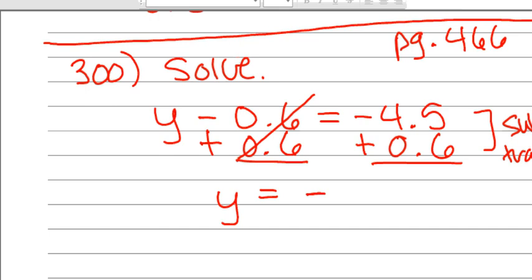Right? So we're going to subtract. So I need to borrow. Cross that out. Make that a 15. Take away 1, make that a 3. So 15 minus 6 is 9, and then 3 minus 0 is 3, and I know it's got to be negative, so I get negative 3.9.